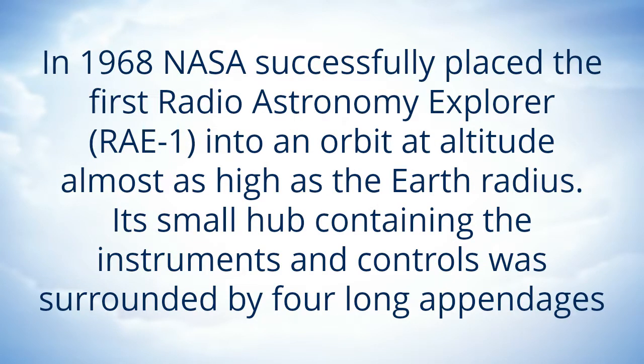In 1968, NASA successfully placed the first radio astronomy explorer satellite, RAE-1, into an orbit at altitude almost as high as the Earth radius. Its small hub, containing all the instruments and controls, was surrounded by 4 long appendages.